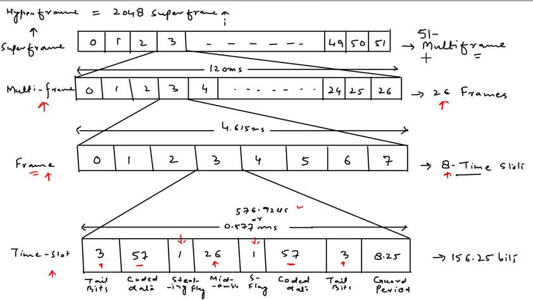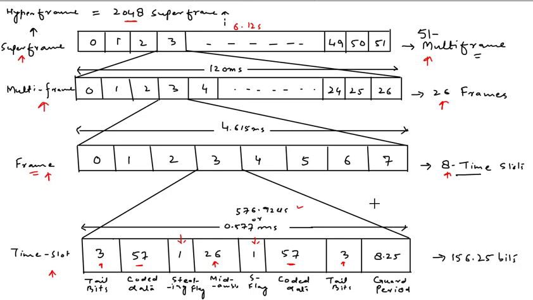By combining 51 multi-frames, we get a super frame. The super frame transmission time is 6.12 seconds. So this much time is taken by a super frame for its transmission. By combining 2048 super frames, we get a hyper frame. So this is the hierarchy of the GSM frame structure.